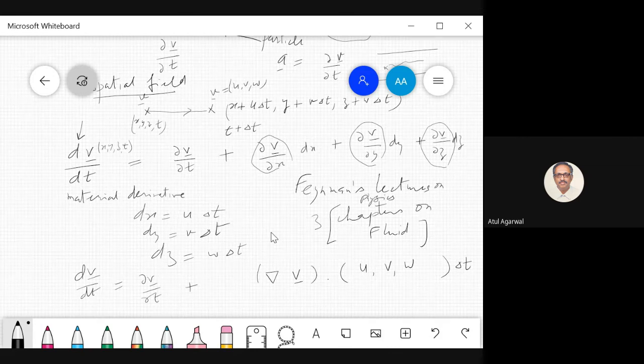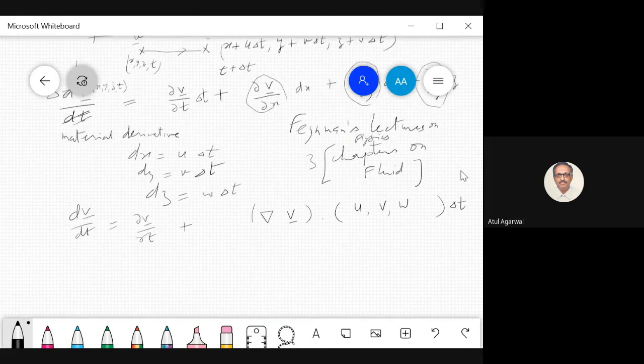So what I have done, this is like my delta v. What is my delta v? Del v by del t into delta t plus these terms. What is your f of x plus h? f of x plus h f prime x.